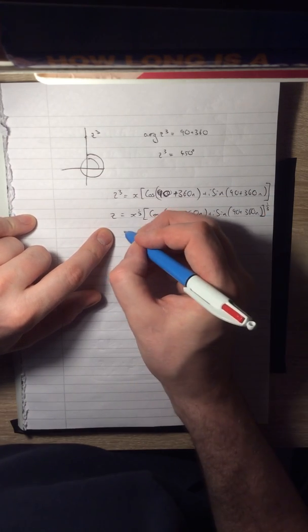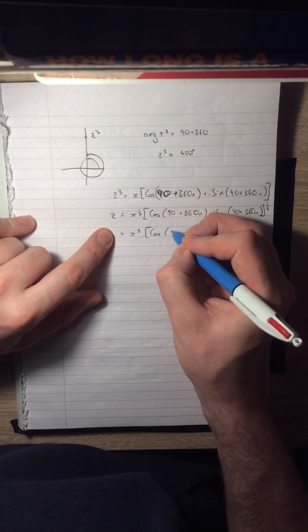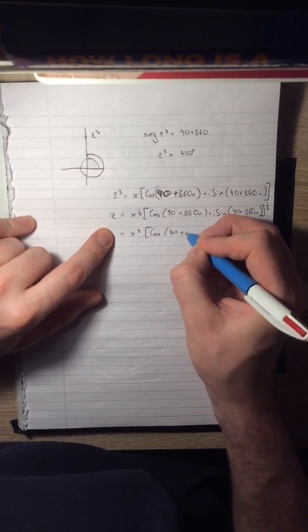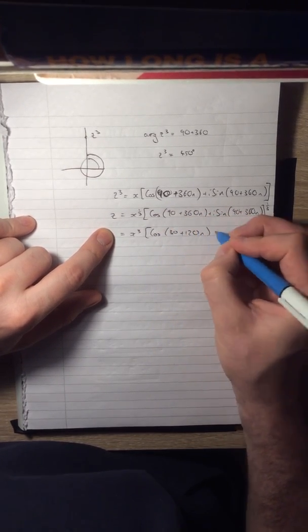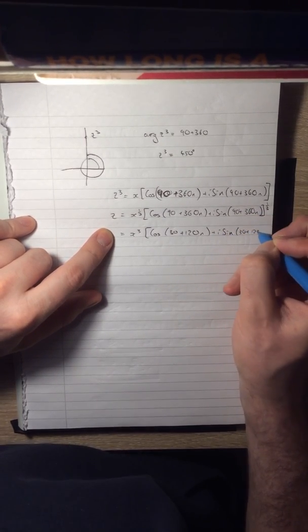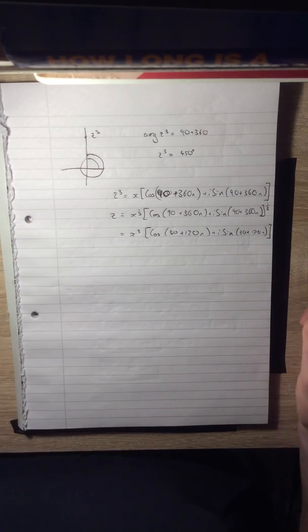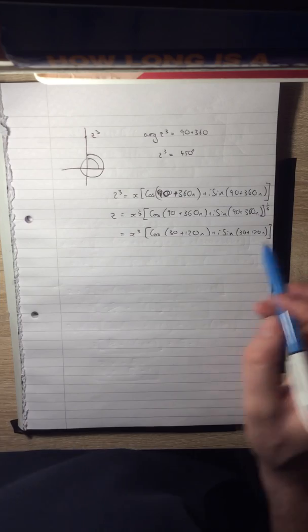And De Moivre's theorem then says that that's the cube root of x, cos of 30 plus 120n plus i sin of 30 plus 120n.